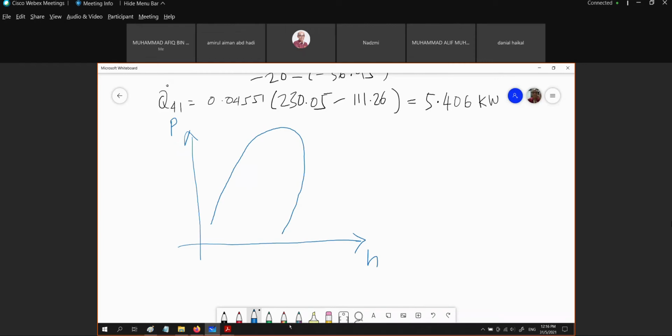Okay, there is the saturation line. When we sketch our pressure, of course, the pressure will look horizontally. So this is the pressure constant. Of course, vertically is our enthalpy constant.